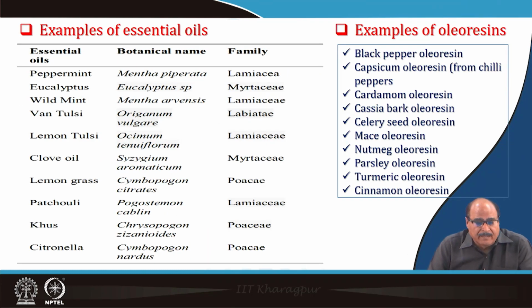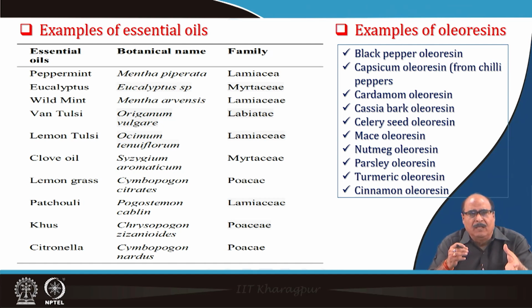Here are some examples of essential oils and oleoresins in this table. Essential oils like peppermint oil, eucalyptus oil, wild mint, van tulsi, lemon tulsi, clove oil, lemongrass, khus, citronella; their botanical name or family name is also given in this table.